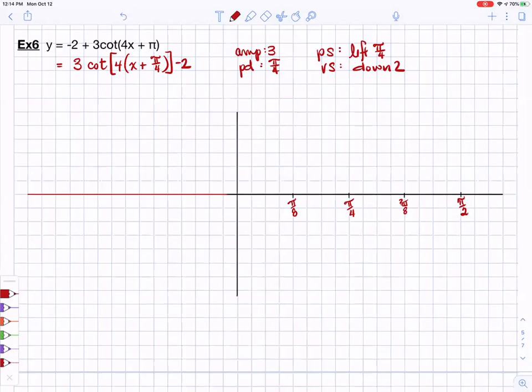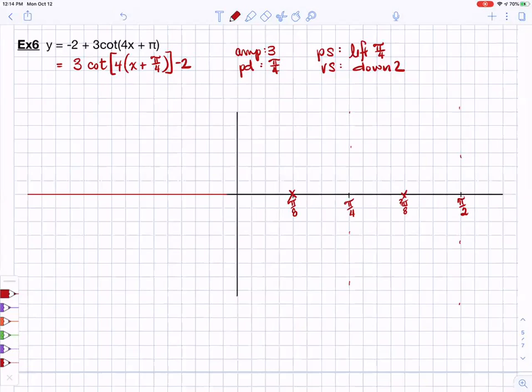Okay. To get our 5 magics, for cotangent, what happens at beginning, middle, and ends? It's an asymptote, so I'm going to just go lightly with my asymptotes here. And then at the quarters, x-intercepts. And so my 5 magics are drawn.